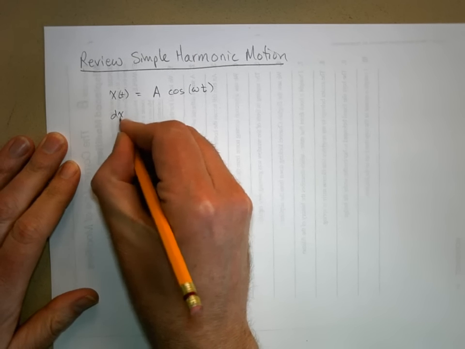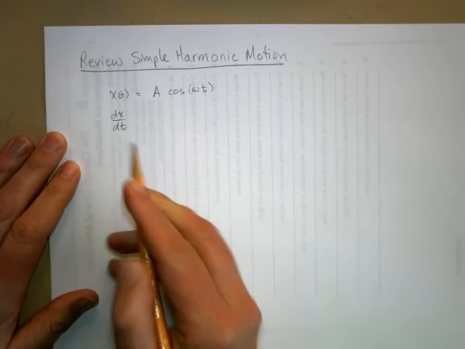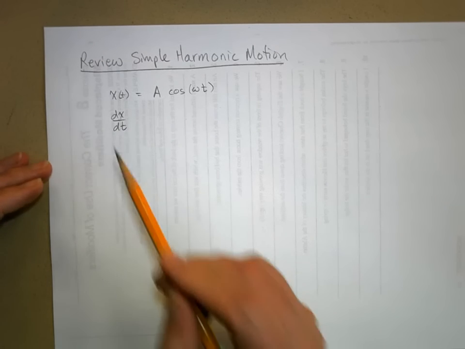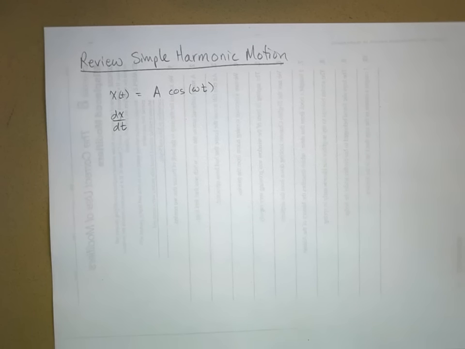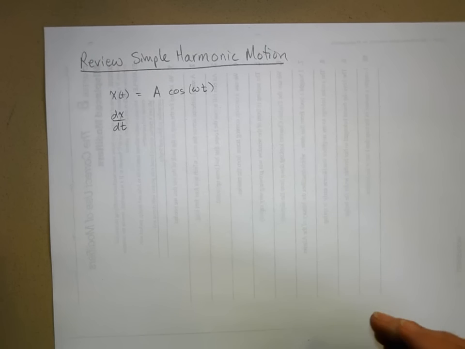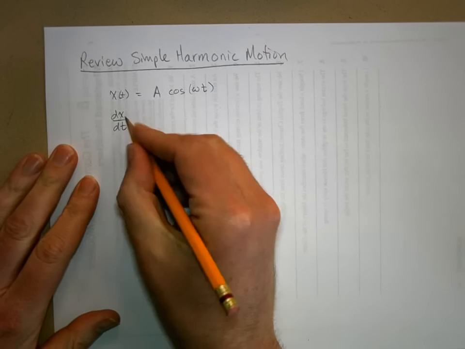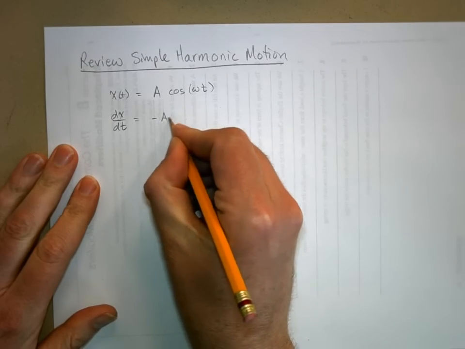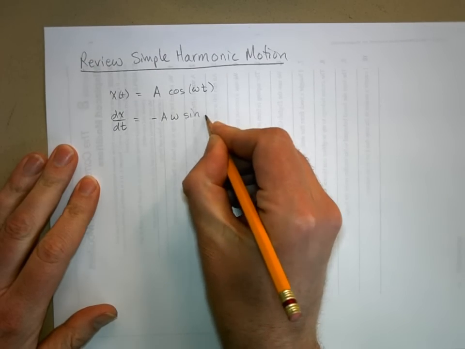So we're going to get dx dt. Now, of course, usually if x represents position, then dx dt represents velocity. But x can be anything, and t can be anything, and omega can be anything. All right, let's just think of this as purely abstract mathematics. And so we get negative a omega sine omega t.